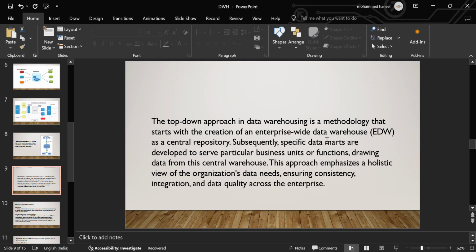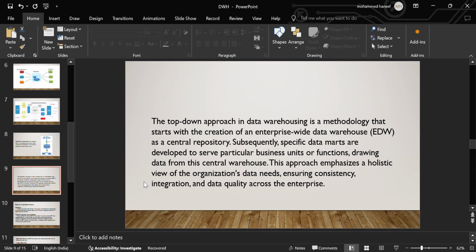Generally you will be loading the sales data, inventory data, and other data into the EDW first. EDW is the enterprise data warehouse, where you collect all the data into one single data warehouse. We can say it is a central warehouse also.